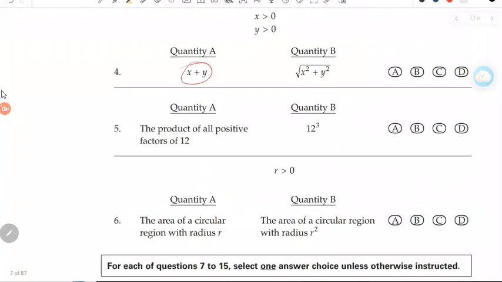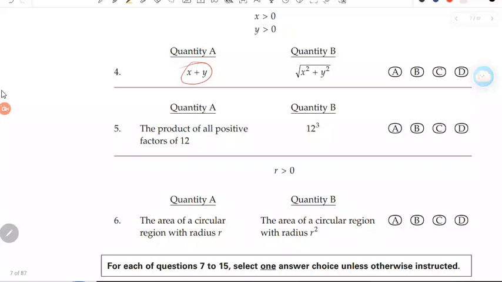The product of all positive factors of 12 and 12 raised to the power 3. Let's quickly do that one. Remember what it's saying.